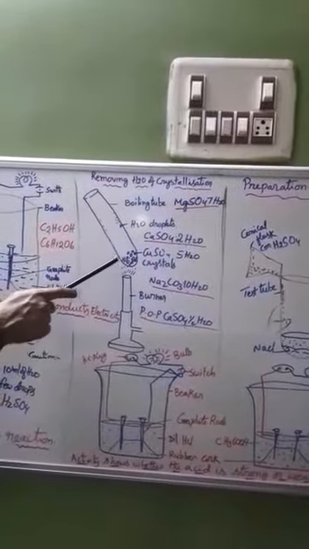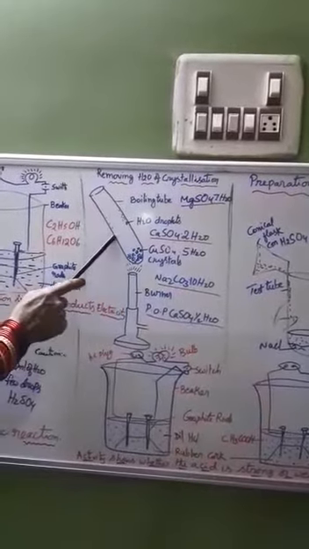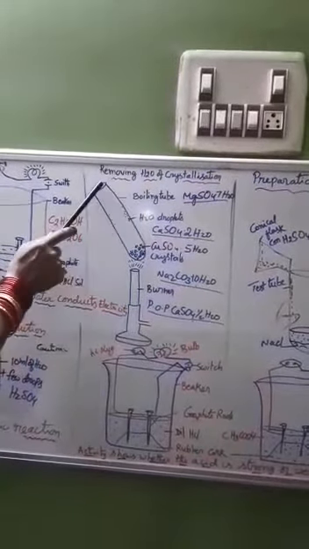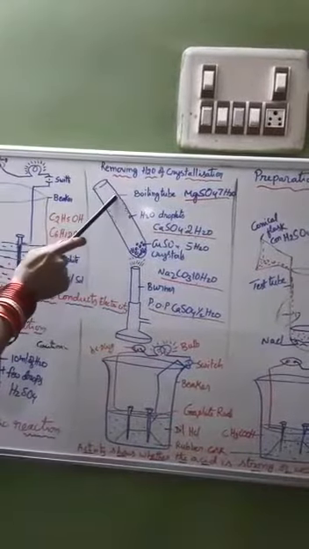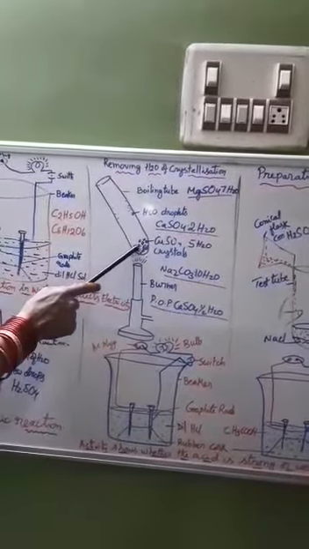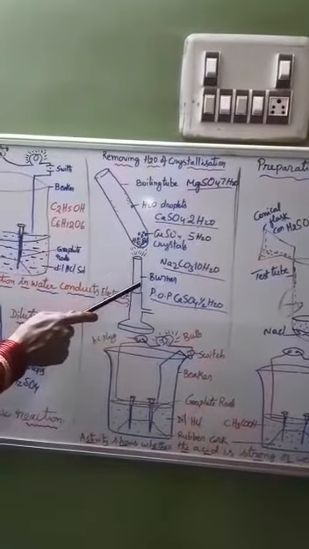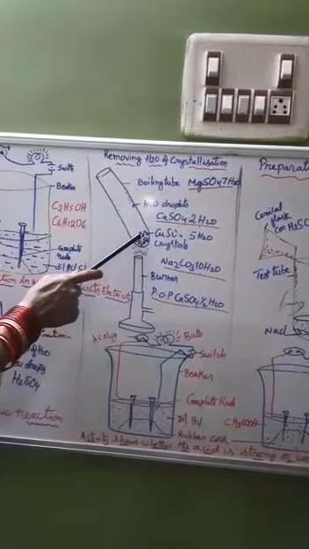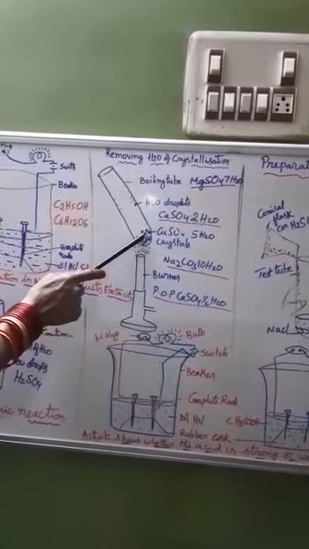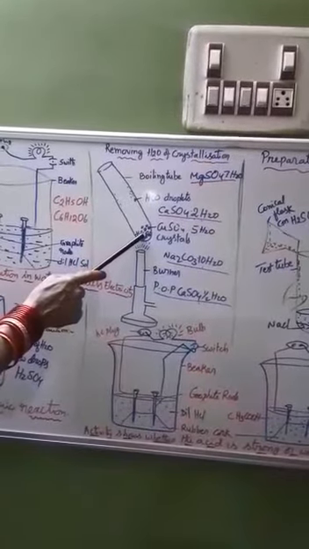Now let us do one experiment with copper sulfate crystals. Let us take a dry and clean test tube, or a boiling tube, and take copper sulfate crystals in it. When we strongly heat with a Bunsen burner, the crystals lose their blue color and change into a white powdery substance.